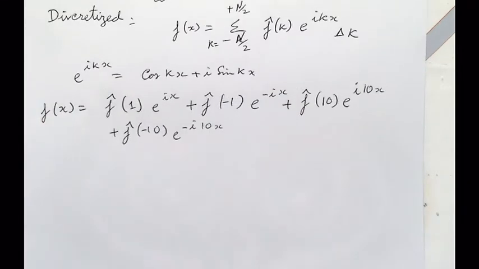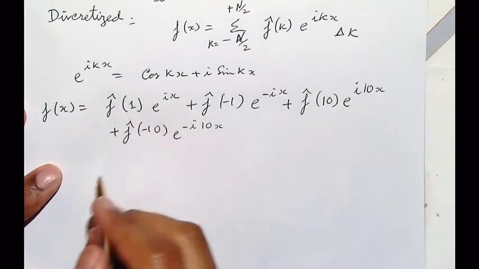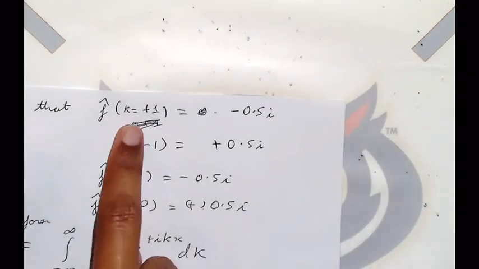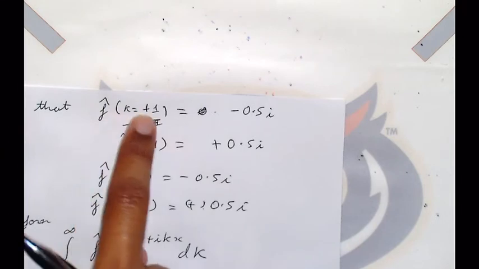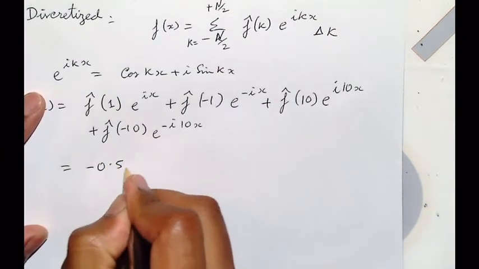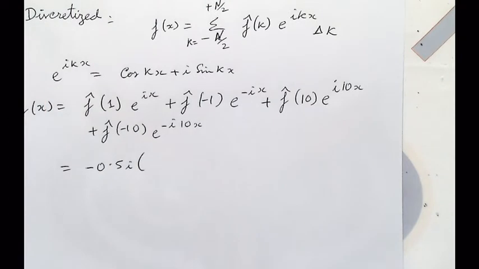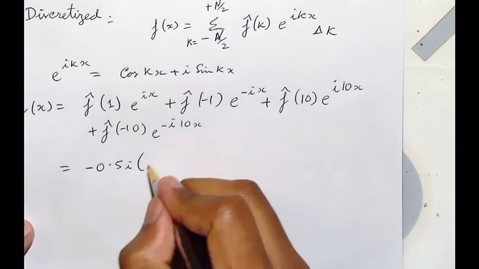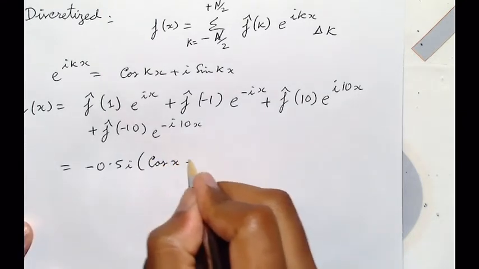Okay, so we didn't do anything special. Fine. So let's see. Now let's plug in our values. Not everything was zero. f hat of 1 gives me minus 0.5 i times cosine of x plus i sin x. Yes.